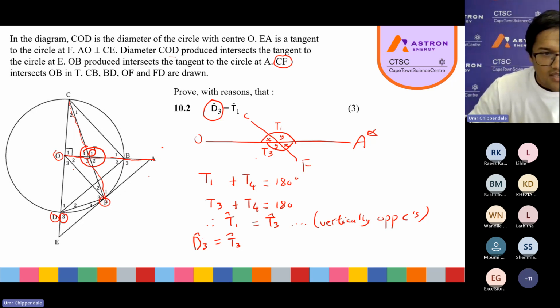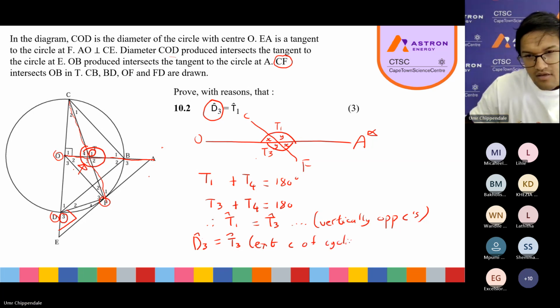So this is our exterior angle, and our opposite interior angle is this T3. So therefore, you can then say your exterior angles of cyclic quad is equal to the opposite interior angles. You're going to write the whole thing out.